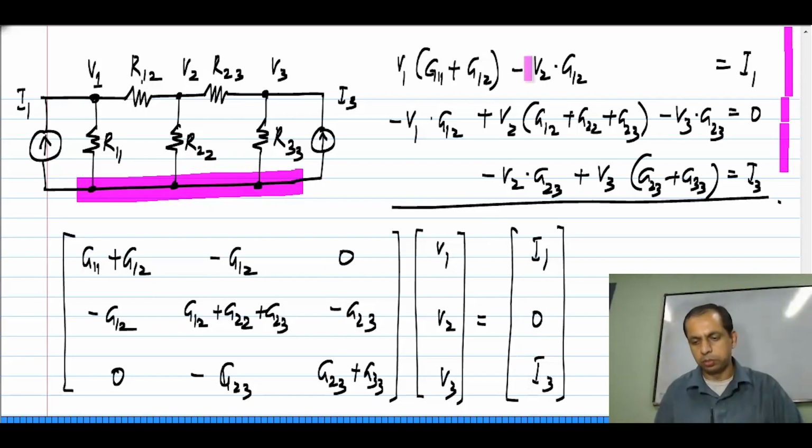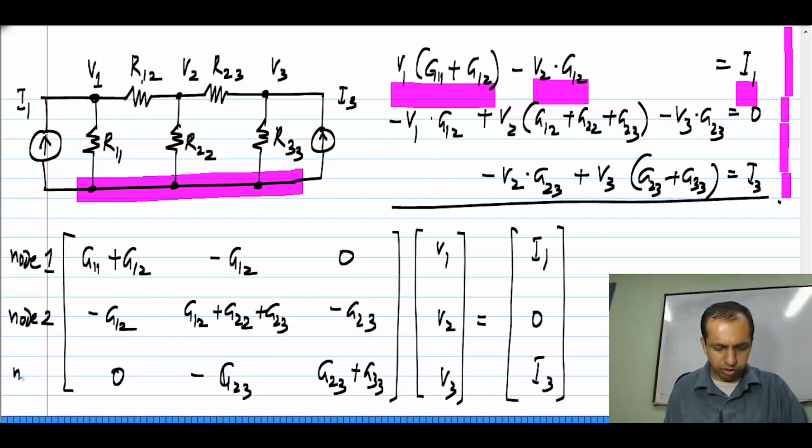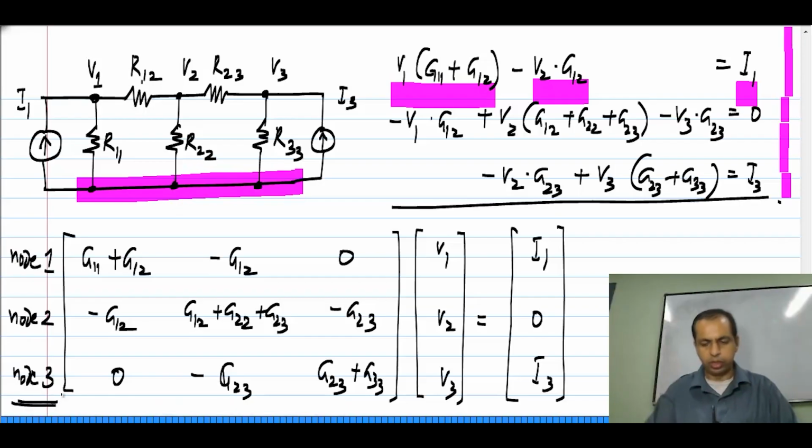Clearly, the first row corresponds to the first equation, G11 plus G12 times V1, which is what we have here, minus G12 times V2, which is what we have here, equals I1, which is what we have over there. So, I can go term by term and identify each equation. Okay. So, the first row corresponds to node 1, the second row to node 2 and the third one to node 3. Okay.